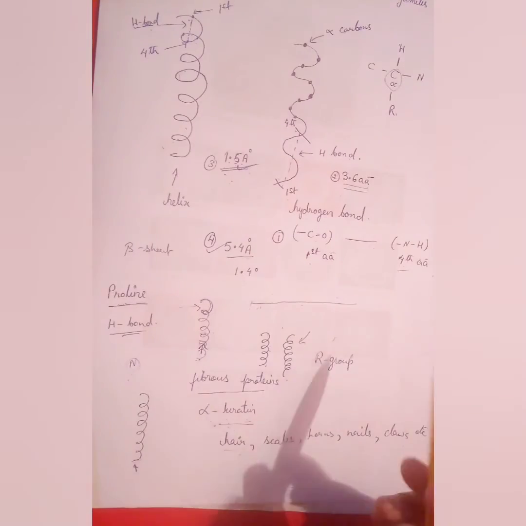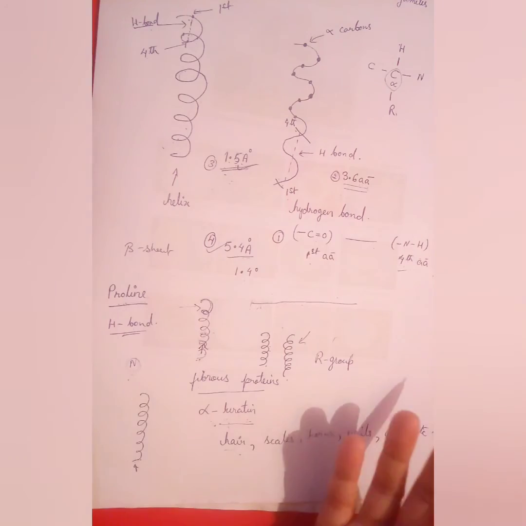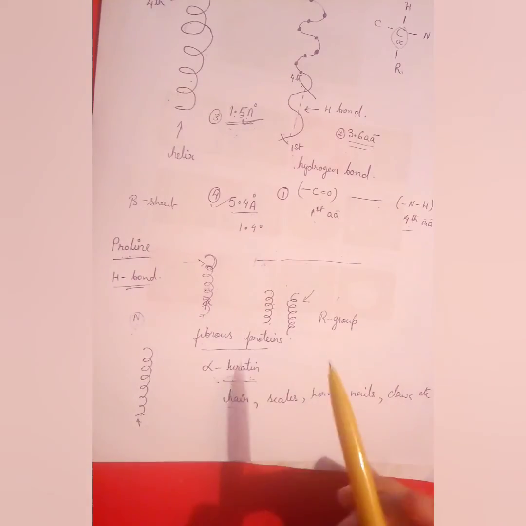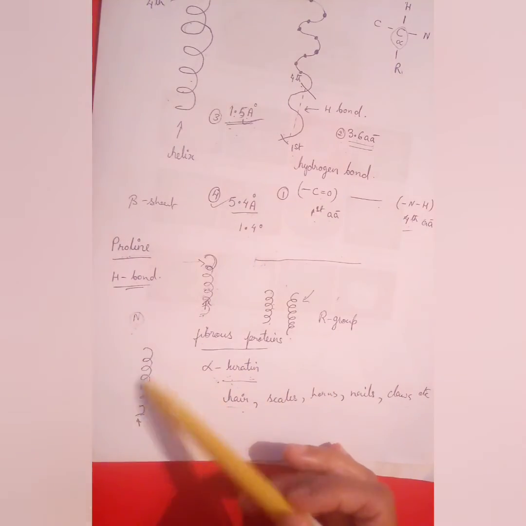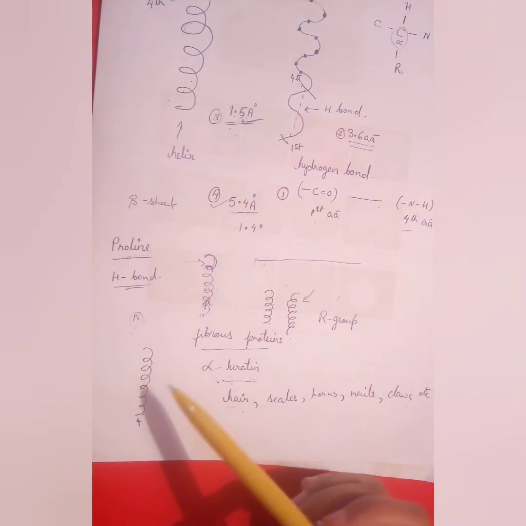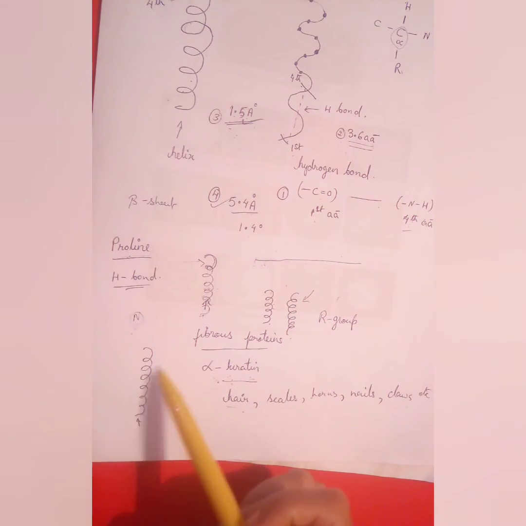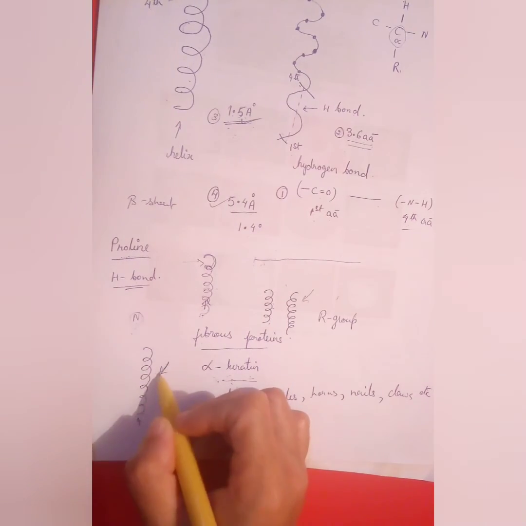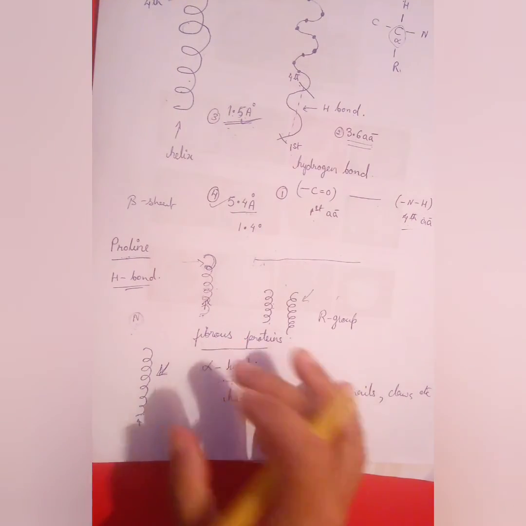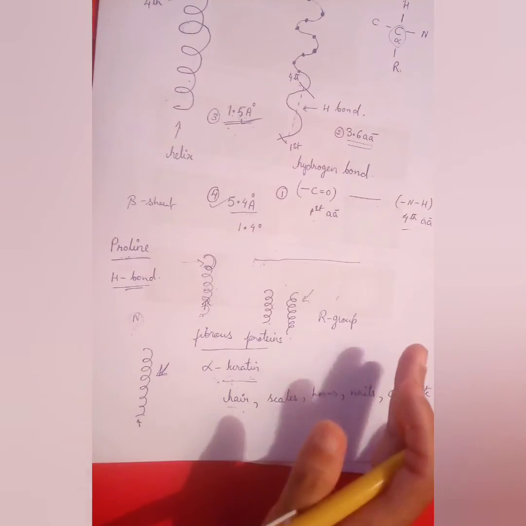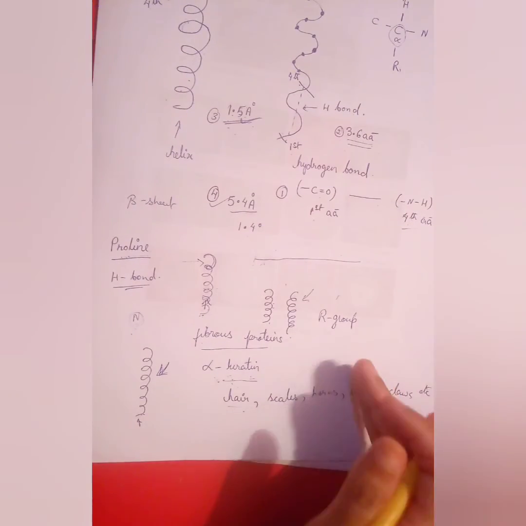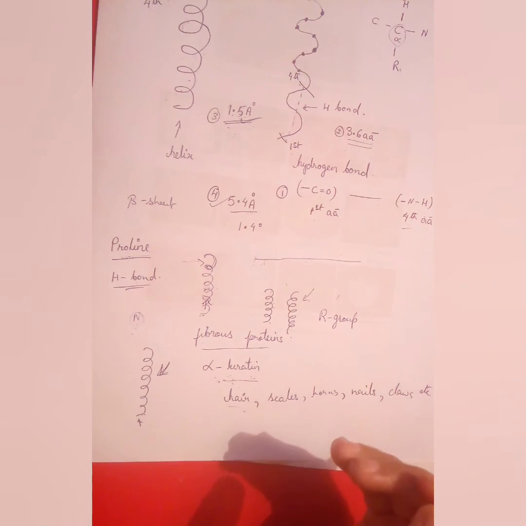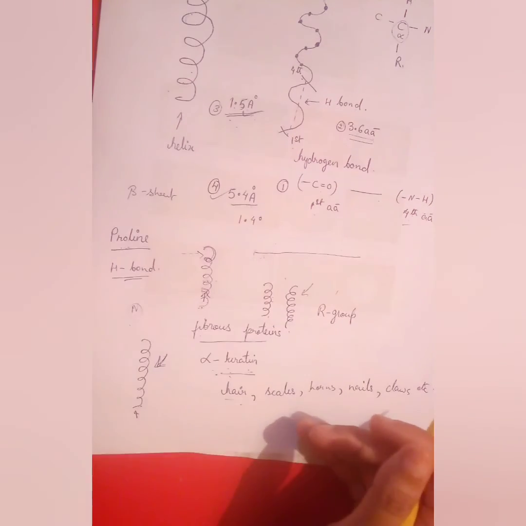Not only proline, but there are some other amino acids which are most commonly found in the alpha helix, but less frequently found in the other types of secondary structures, such as the beta sheets and the beta bends.